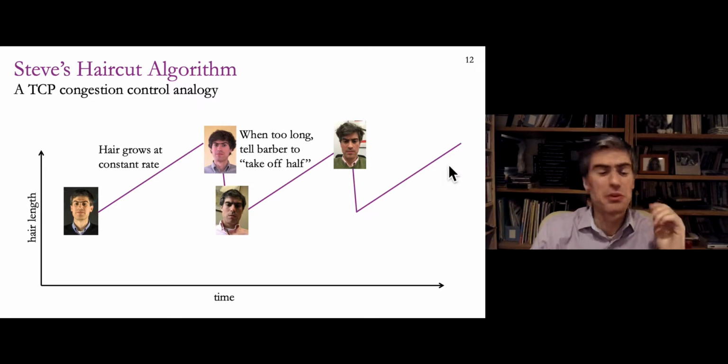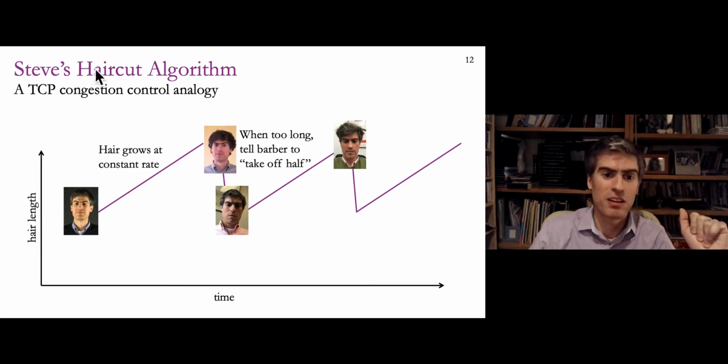And that's what TCP Reno does with window size. The comparison here is that when I notice that my hair is too long and I go get a haircut, that's equivalent to TCP when the network experiences too much traffic from the connection, and it has to drop a packet off a queue, and the end hosts notice that, and then they decide to cut the traffic in half.